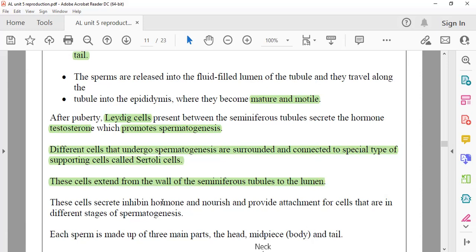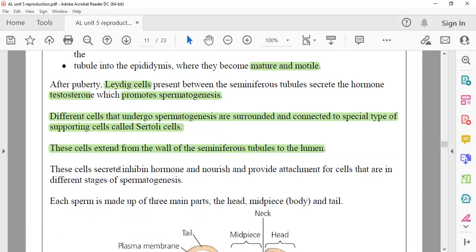They also secrete a hormone. What is the hormone? Inhibin. It reduces spermatogenesis. Which hormone promotes spermatogenesis? Testosterone. Which hormone inhibits it? Inhibin. There you can see the connection, correct?